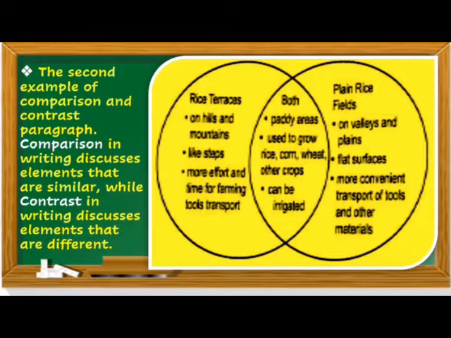The second example is the comparison and contrast paragraph. Comparison in writing discusses elements that are similar, while contrast in writing discusses elements that are different. So this is an example of a Venn diagram showing comparison and contrast, or similarities and differences.